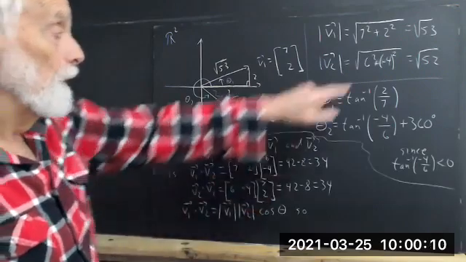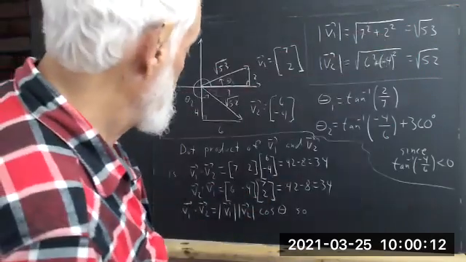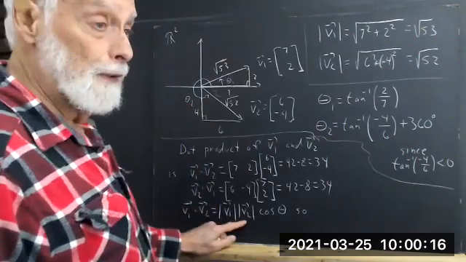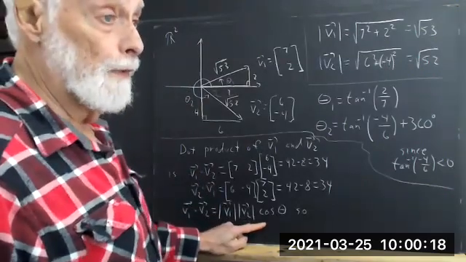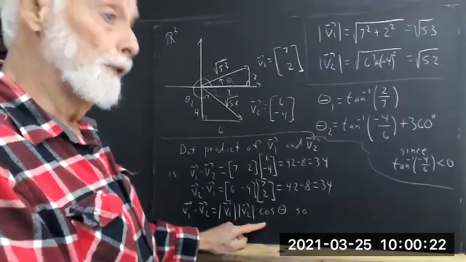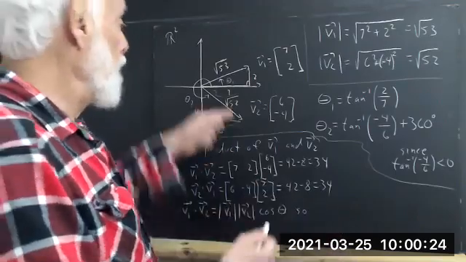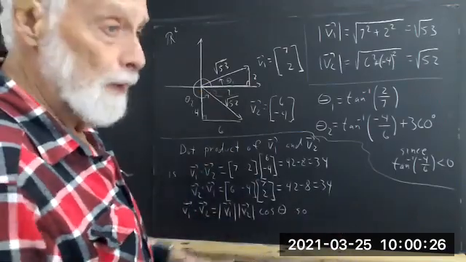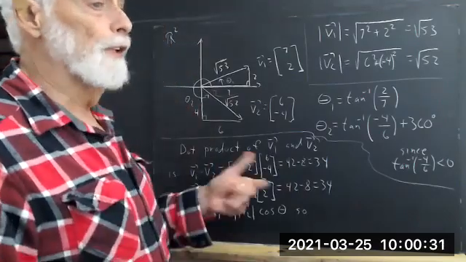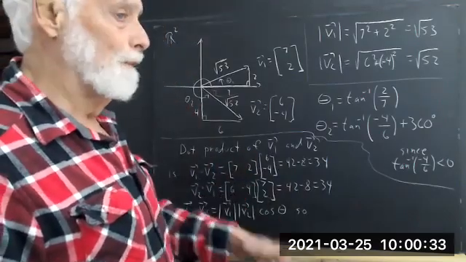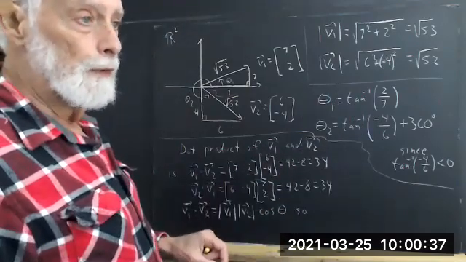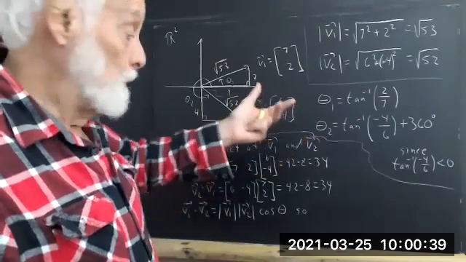Magnitude of V1, magnitude of V2, well, there you have them. So if we know this and this and this and this, we can find the cosine of theta. And once we find the cosine of theta, we can do the inverse cosine of that and find the angle between these two vectors. It's very straightforward, very simple calculation, and it works the same way in any number of dimensions. So you can always find the angle between two vectors in R12 if you want, whatever.